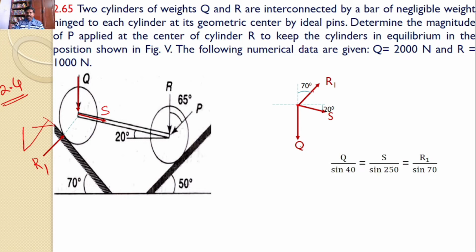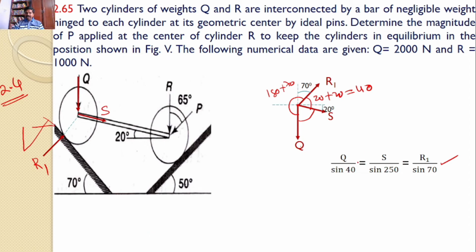Q divided by the angle between these two forces, that is 20 plus 20, equal to 40: Q divided by sine 40. S divided by the angle between these two forces, 180 plus 70, that is 250. And R1 divided by the angle between these two, that is 90 minus 20, which gives the value of sine 70.